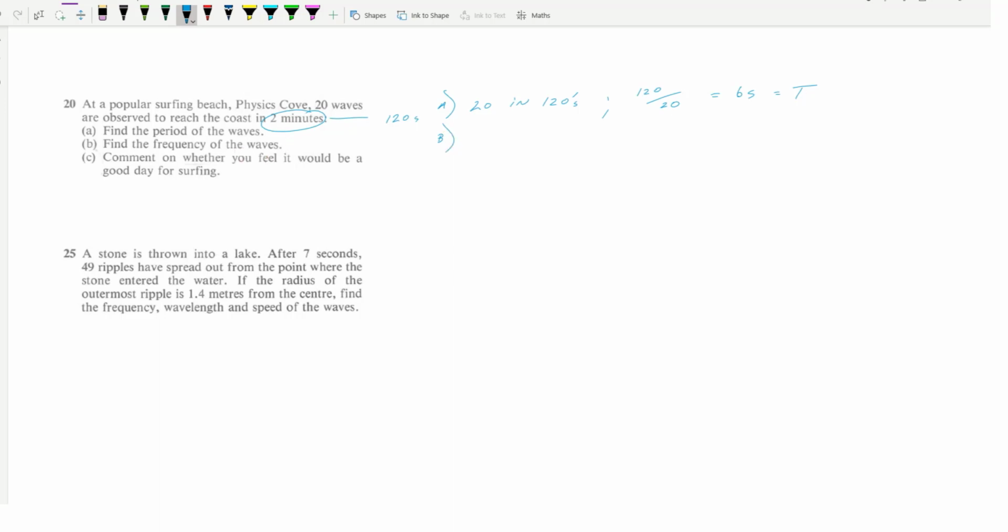Find the frequency of the waves. Again, the period is the inverse of the frequency, so 1 over 6, and that would round off to 1.7 hertz. Comment on whether you feel this would be a good day for surfing. I would probably say no, not that I'm a surfer, but trying to catch a wave every 6 seconds is going to be fairly choppy and rough, though I could be corrected by an expert.